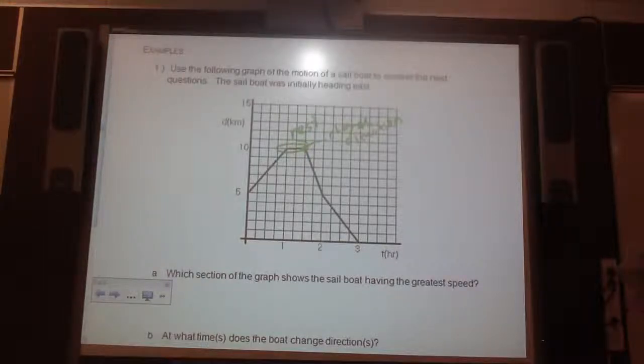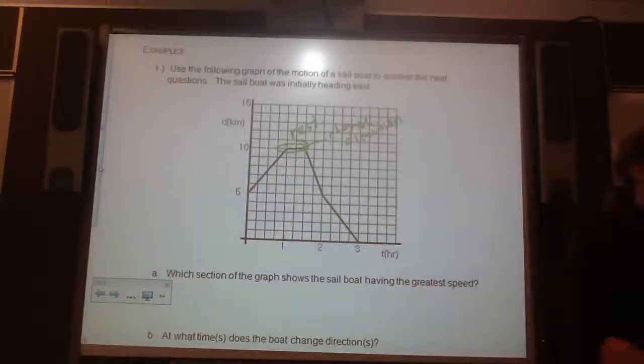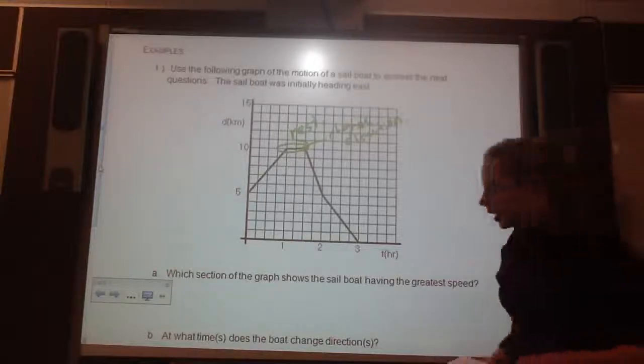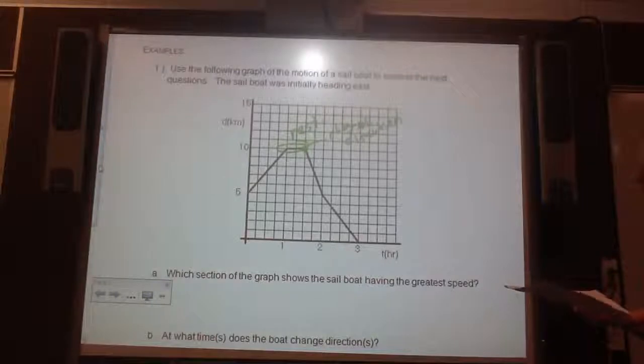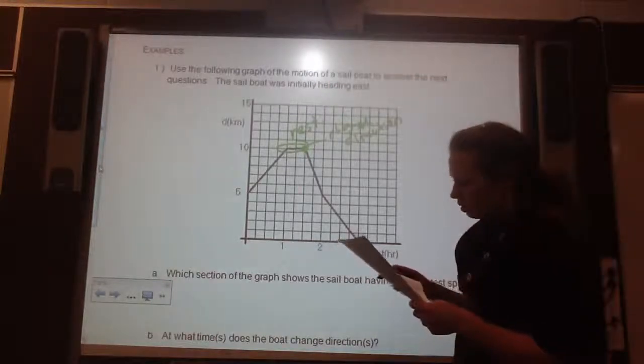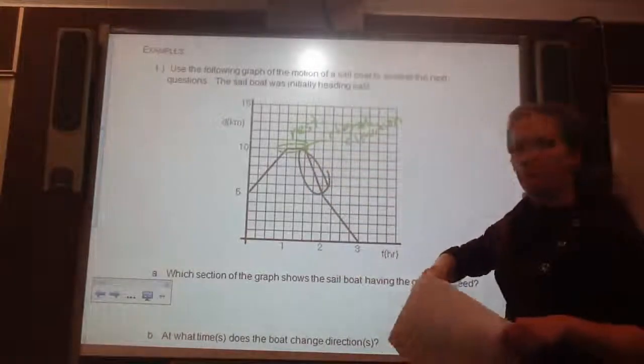Great. Okay. So, which section of the graph shows the sailboat having the greatest speed? So how do we tell if it has the greatest speed? The steepest, okay? So where would we say about is the steepest place? Probably about here, yeah.